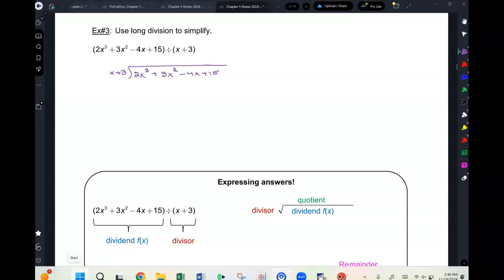That means the exponents are written in decreasing order, and all the exponents are present. So for example, the highest exponent here is 3. You have to make sure 3, 2, 1, 0 are all there. If you have 3, you have 2, you don't have x to the 1, you have to add a 0 in its place as a placeholder. Okay?